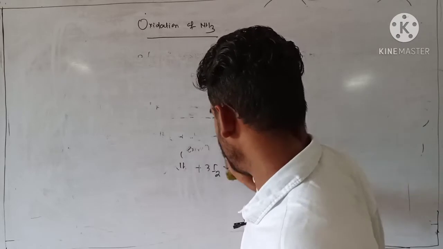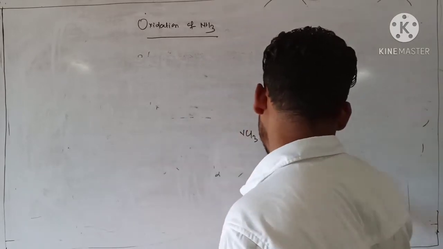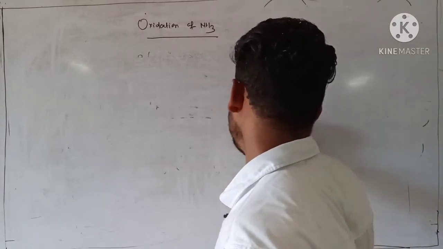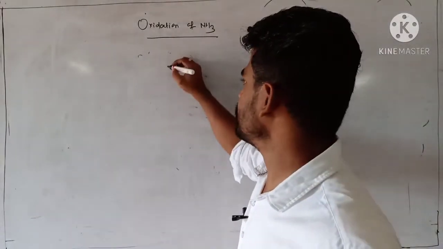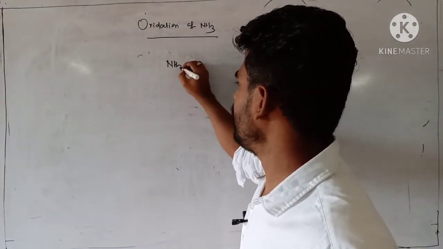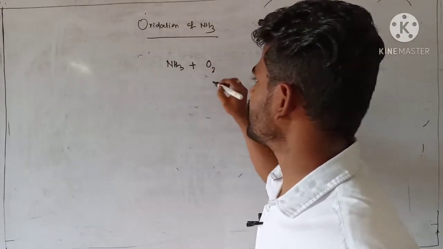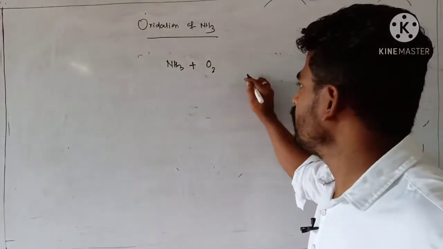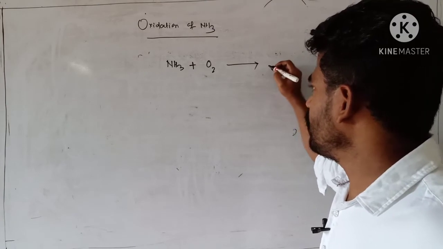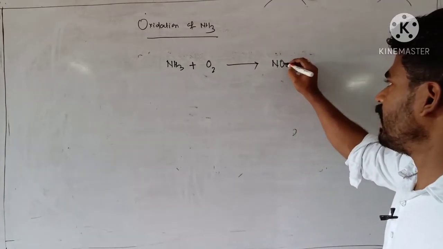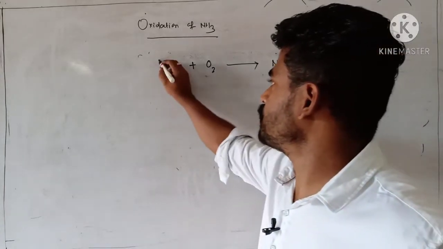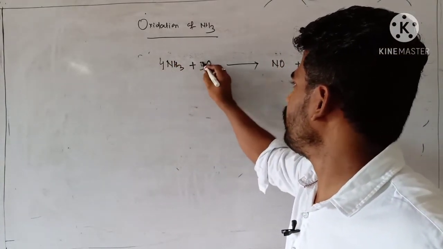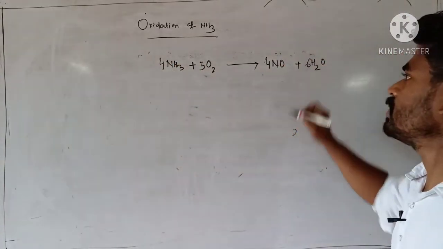Oxidation of ammonia, that is, combustion: NH3 gives you nitric oxide NO plus H2O, that is 4, 5, 4, 6.